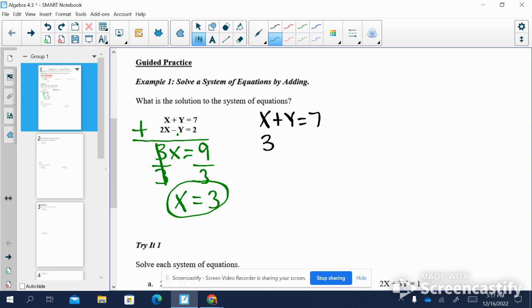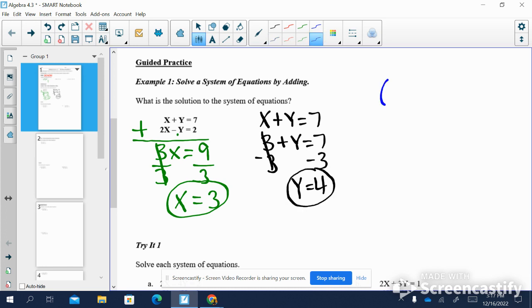So I'm going to substitute in x for 3, or 3 for x. 3 plus y equals 7. Well, I don't want 3 on the same side as y, so I'm going to eliminate the 3 by taking away 3, or adding a negative 3. Those eliminate, and what I do to one side, I do to the other side. So I'm left with y is equal to 4.